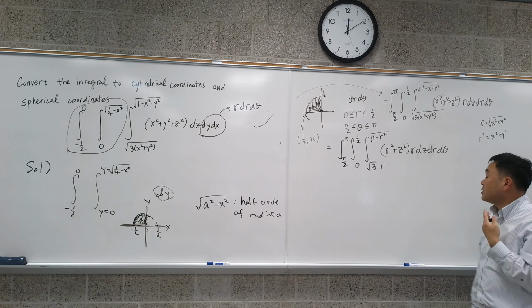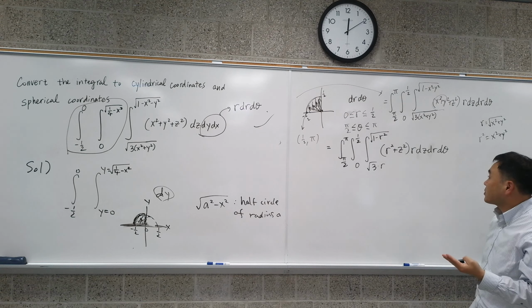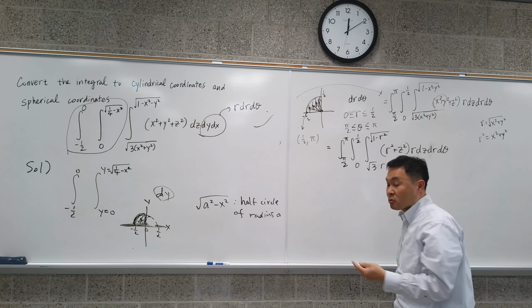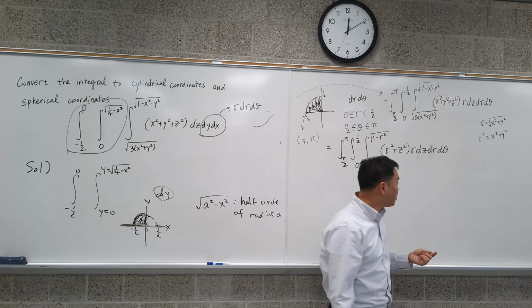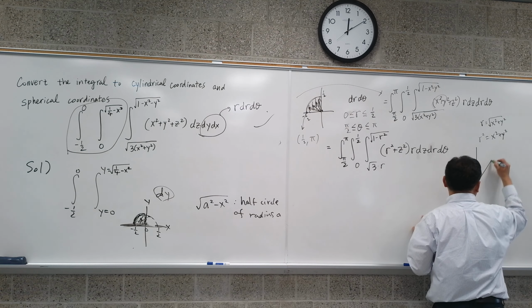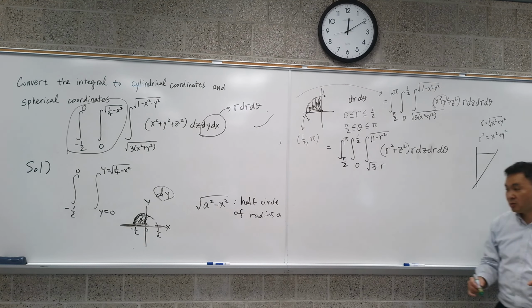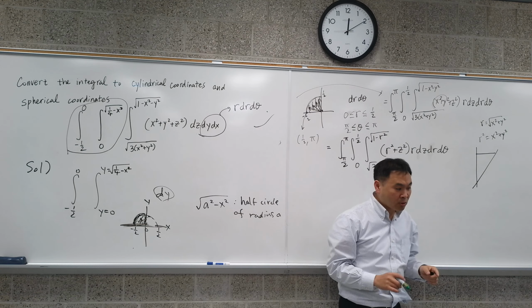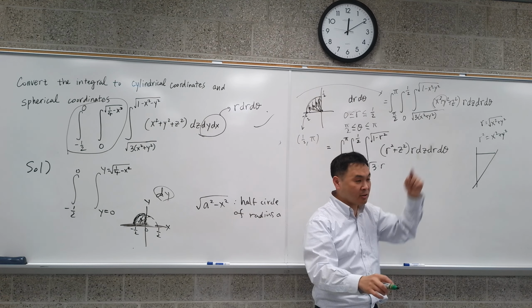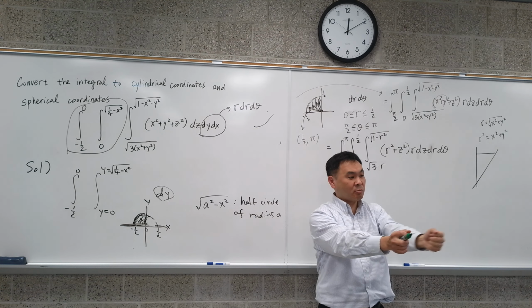Okay, and whenever you go from the cylindrical to the spherical, you have to keep this picture in mind. You know how I explained the spherical coordinate system with x, y, and z: if you have a point in space, you first open a book.